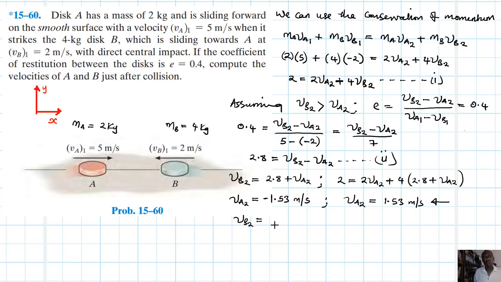Our vB2 becomes 2.8 plus the minus 1.53 there. So this one we get 1.27 meters per second, and therefore our vB2 is equal to 1.27 meters per second, and it's going in this direction like this.